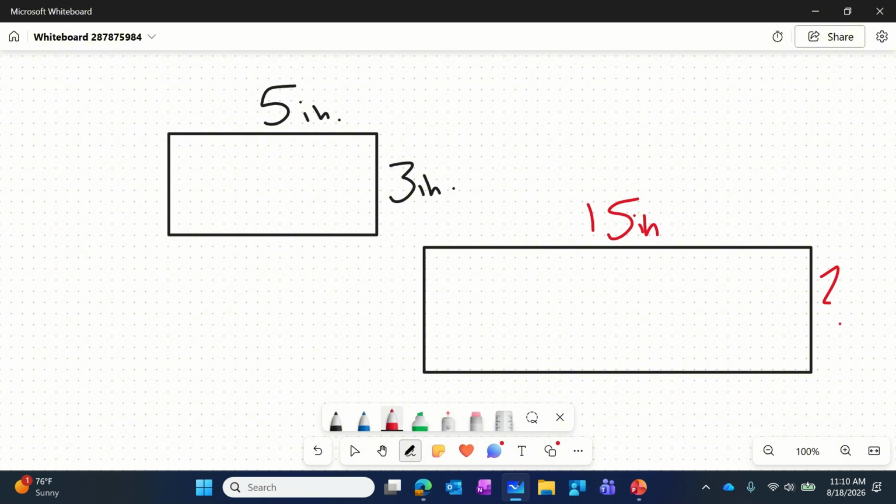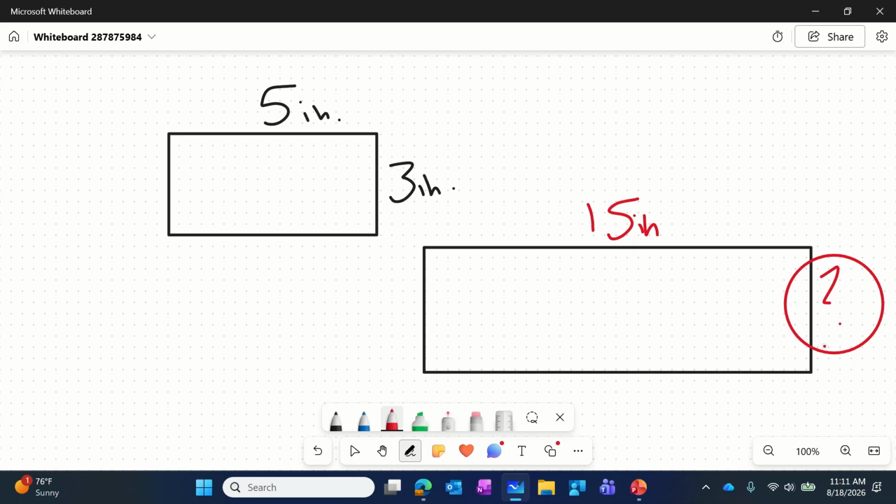If this is a scaled copy, talk to your group. What should be that missing side right here with that weird looking question mark? Talk to your group. If this side is 5 inches and this side becomes 15, this side is 3, what's the length of this missing side? Okay. Coming back in 3, 2, 1.